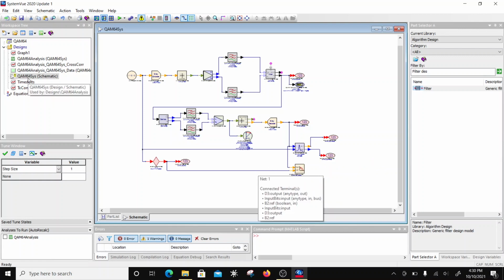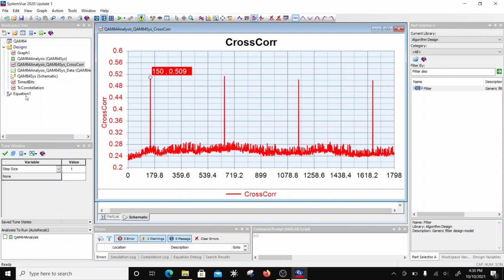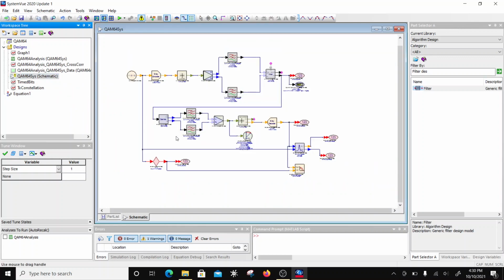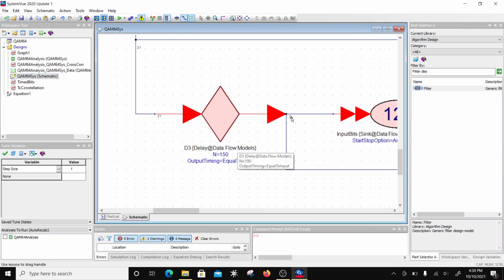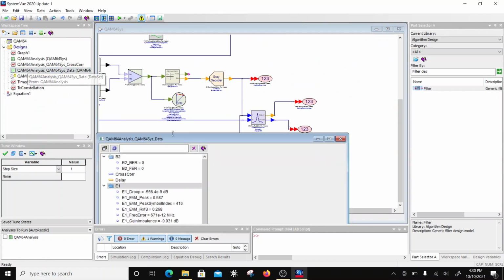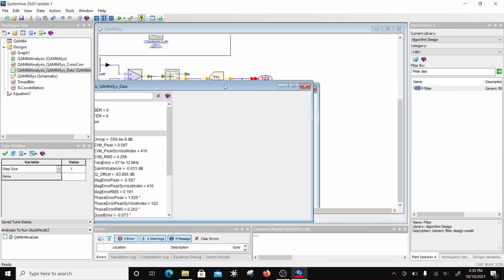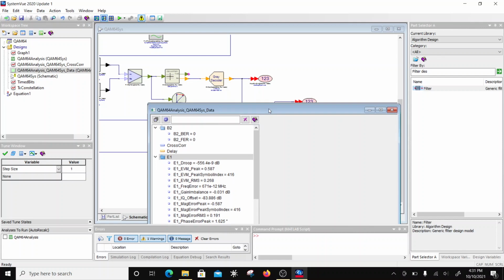The correlation delay here was at 150, and I went ahead and put that delay over here of 150, right? And then I looked at the bit error rate. So in the result, my bits are not received in any error, and with the EVM of 0.268%. Okay, so this was a very simple exercise.